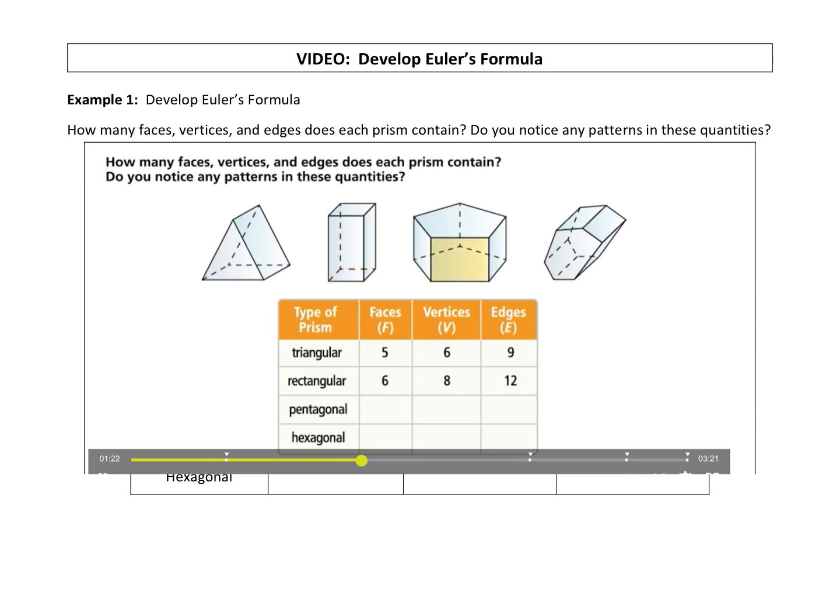A pentagonal prism has 7 faces, 10 vertices, and 15 edges.